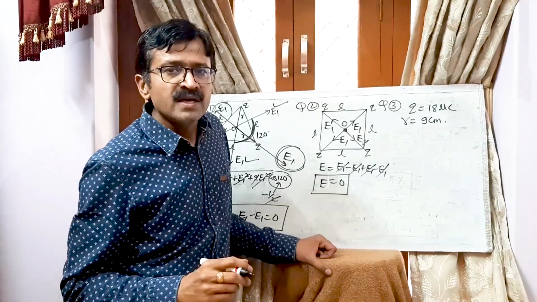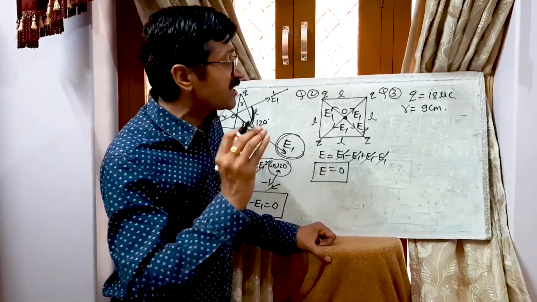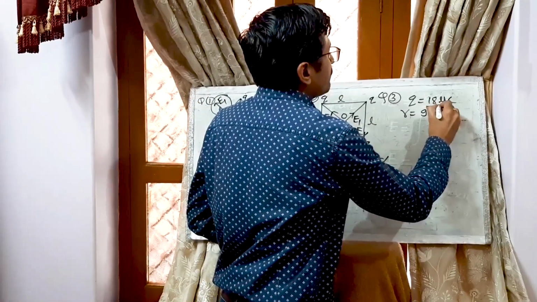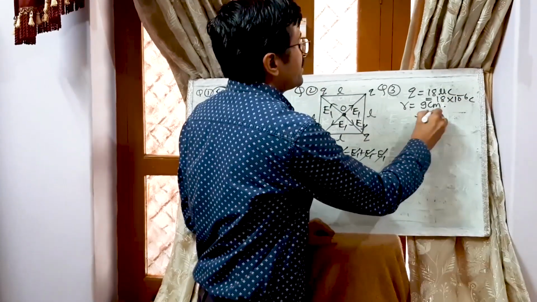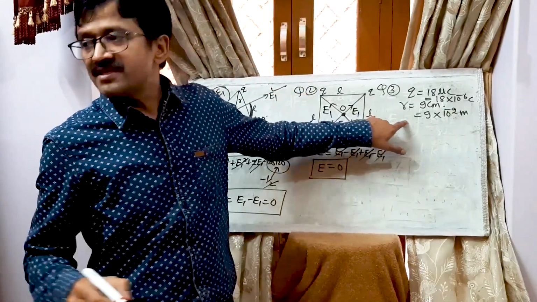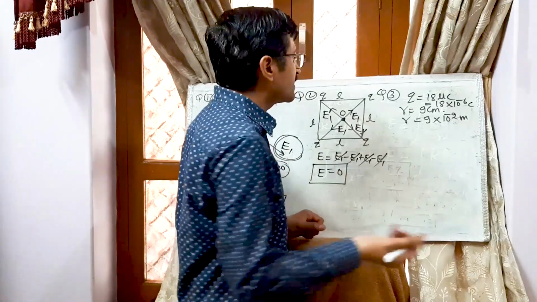First of all, we have to convert into coulomb and meter because SI units are essential for solving numericals. So here there will be 18 into 10 to the power minus 6 coulomb, and here 9 into 10 to the power minus 2 meter. This is the distance where we have to find the electric field intensity.